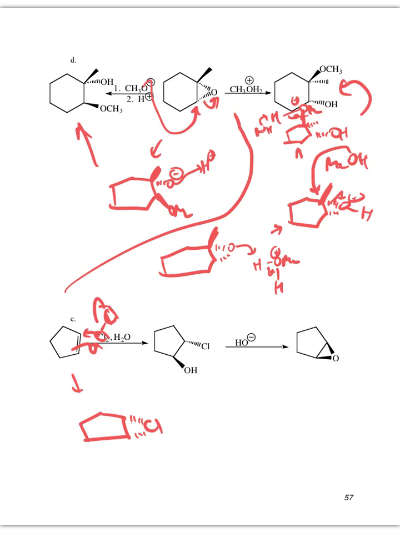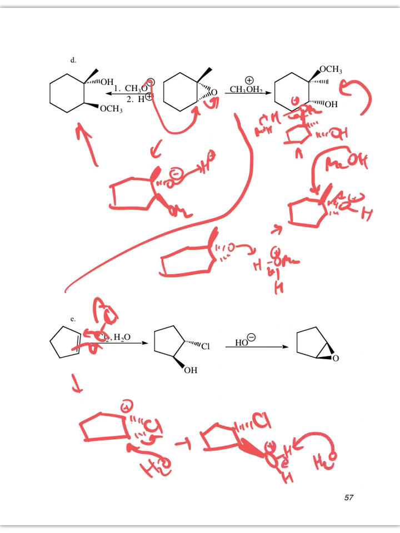With the chlorine going back, and then water adds anti to the chlorine to give us chlorine, remove the extra hydrogen, and we have the anti-addition of the chlorohydrin.